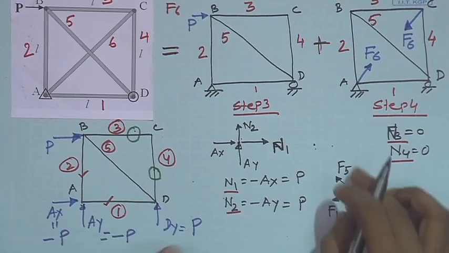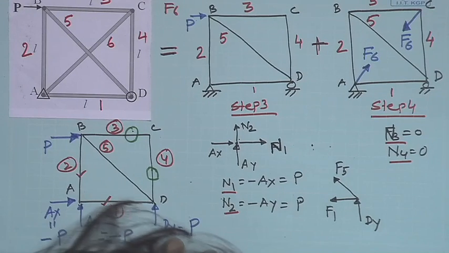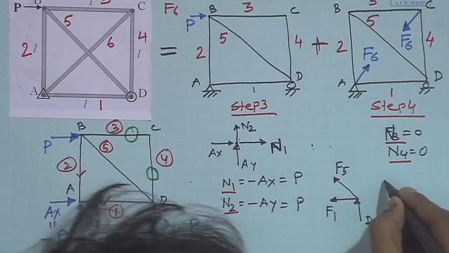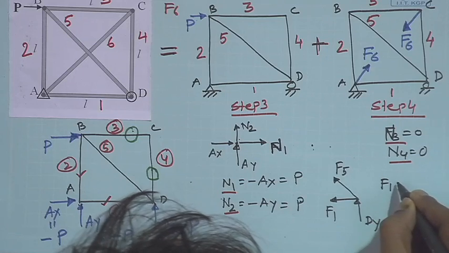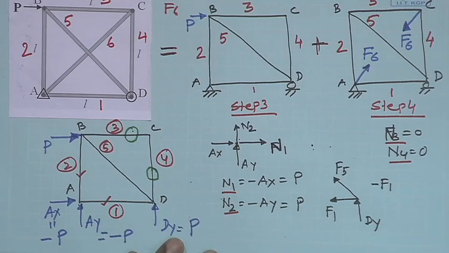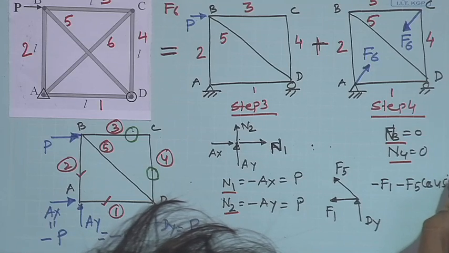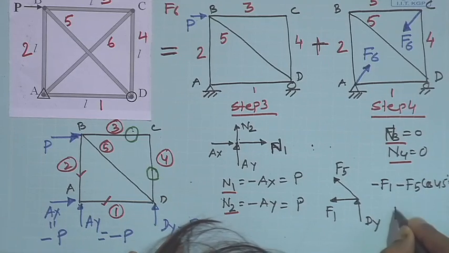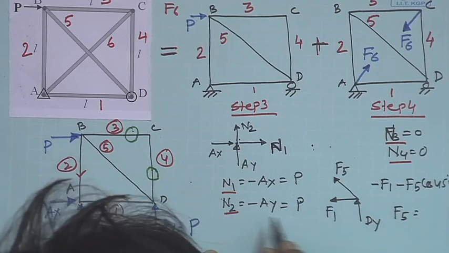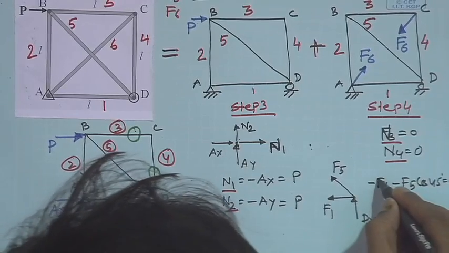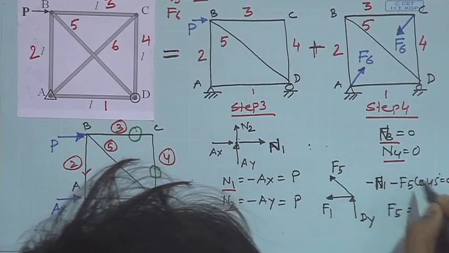Now, if we take summation of Fx equal to 0, then we get F1 minus F5 cos 45 equal to 0, and from there we get F5. Not F1, it is N1 again, please correct it.